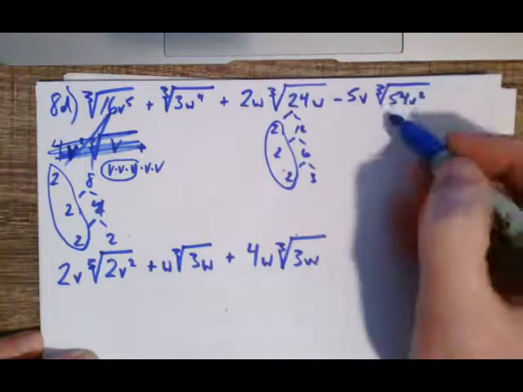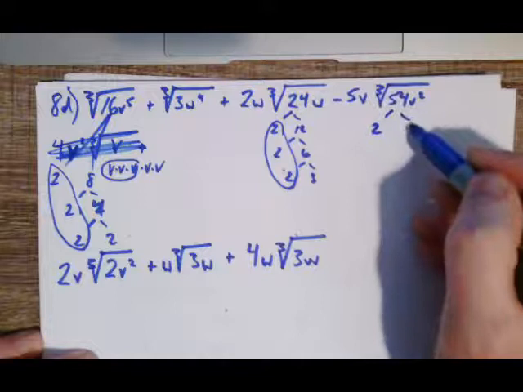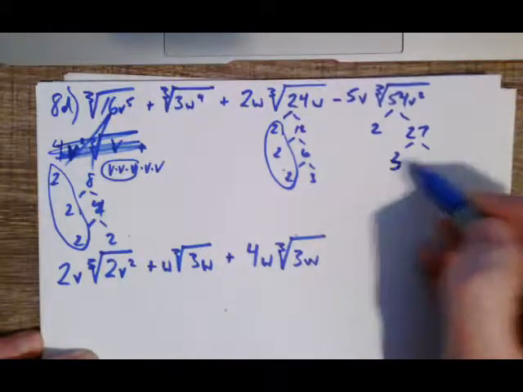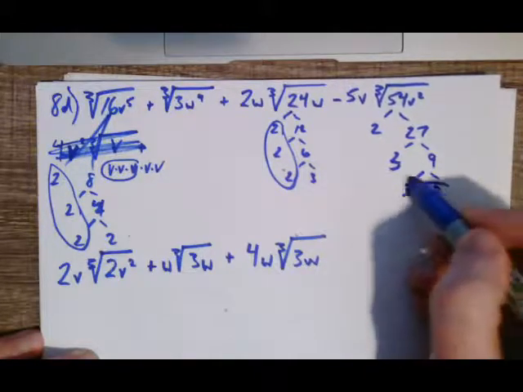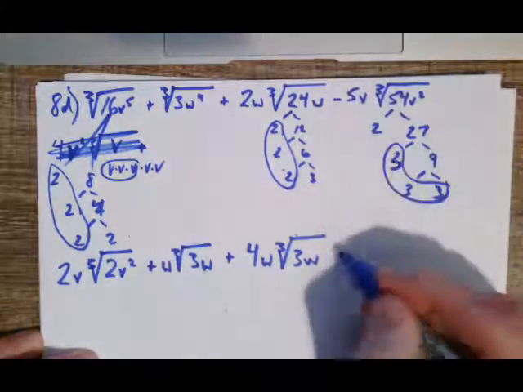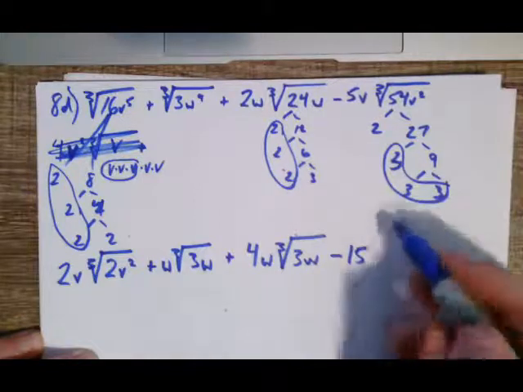Okay. 54. What? 2 times 27. 2 times 3 times 9. 3 times 3. So we have a group of 3's. 2 stays behind. 3 comes out. 3 times 5 is 15. There's a V there.